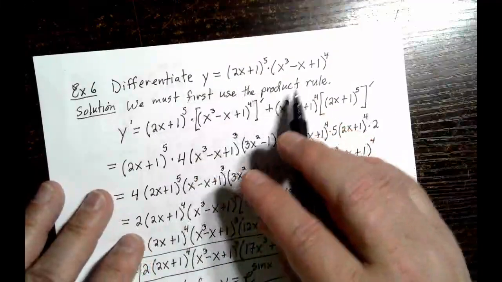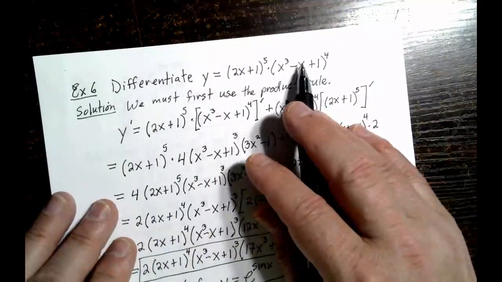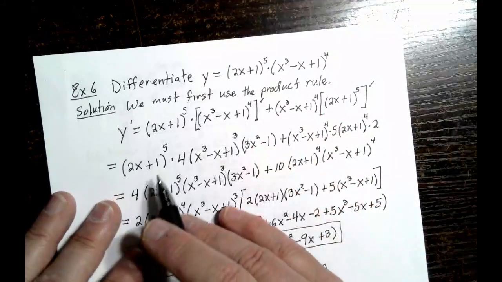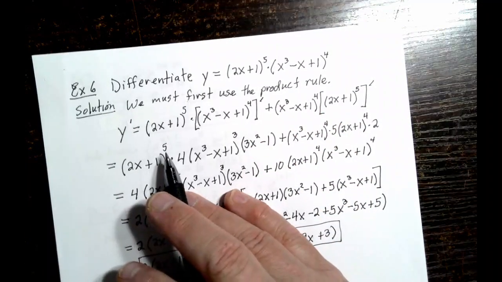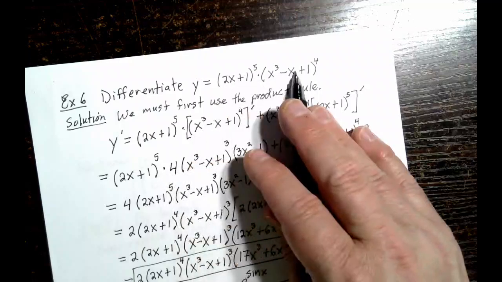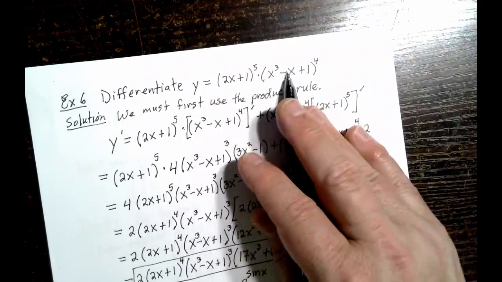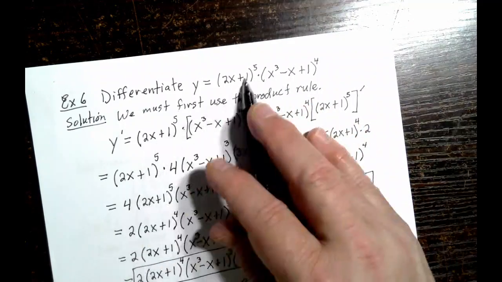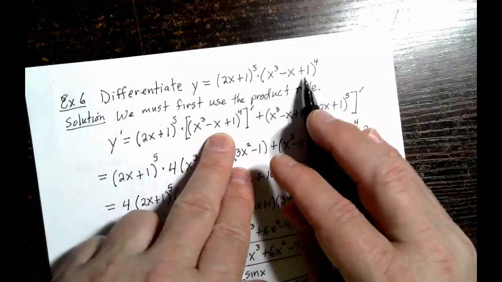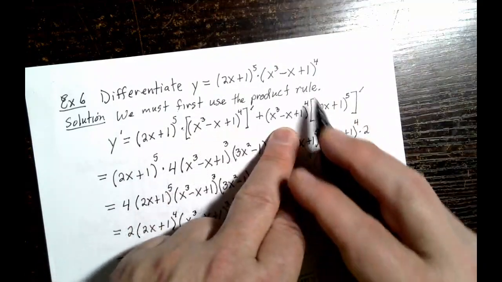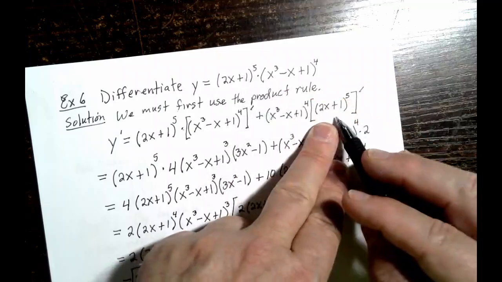Okay, now this one, we're going to use the product rule first, and then we're going to have to use the chain rule twice. So you got the first guy times the derivative of the second, plus the second guy times the derivative of the first. So the first guy is untouched, times the second guy's derivative, plus the second guy times the derivative of the first.